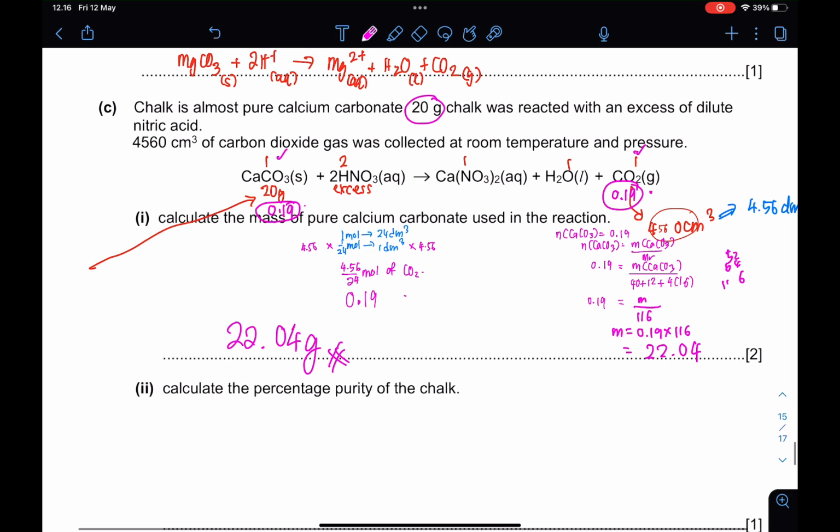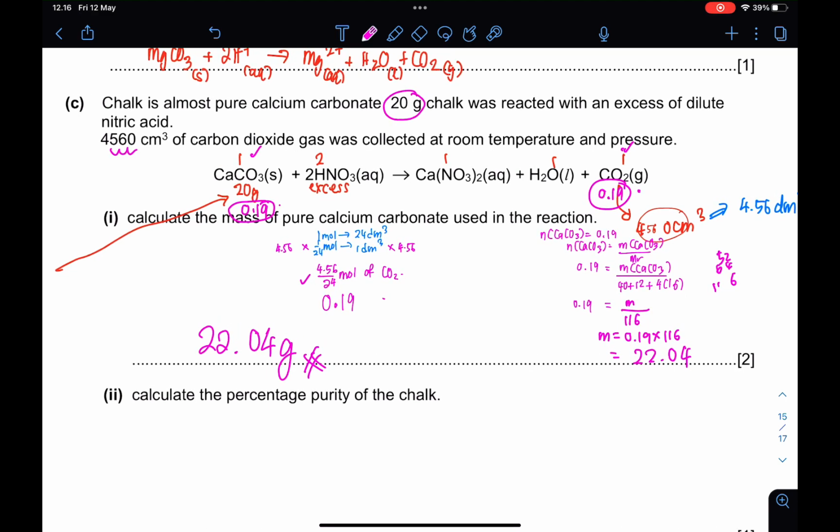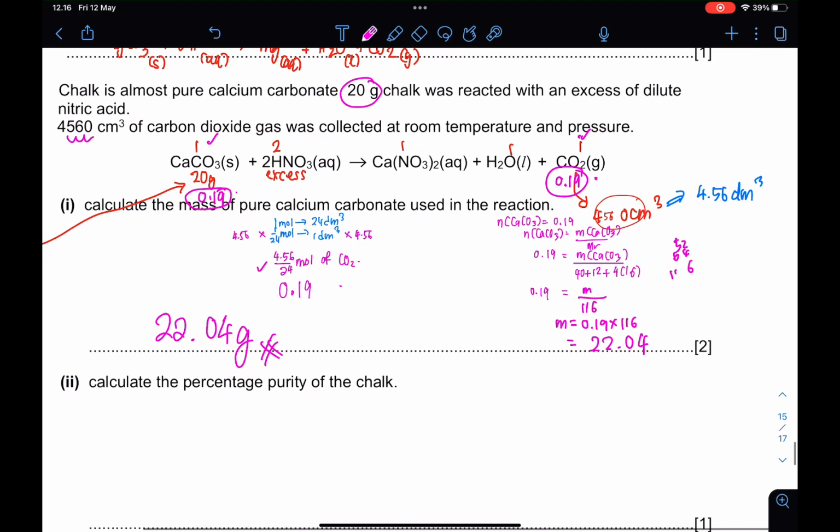What we did was change 4560 into dm cube, so it becomes 4.56, and then we divide by 24, and we get 0.19 moles. So 1 to 1, 0.19 mole for calcium carbonate.